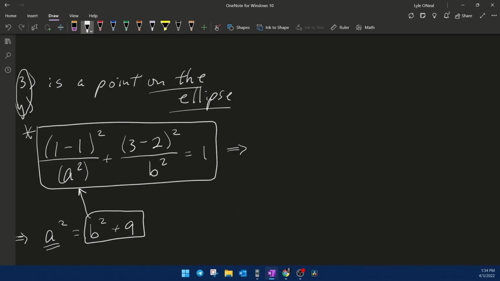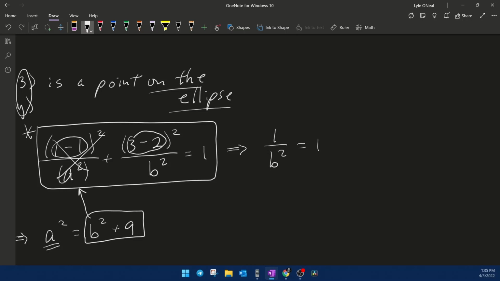So here we go. We've got 1 minus 1, which is 0. 0 squared is 0. And I don't know if you realize this, but 0 divided by anything is 0. And so I can completely ignore this first fraction. So in the other fraction, I'm going to have 3 minus 2, which is 1. 1 squared is 1 over b squared equals 1.